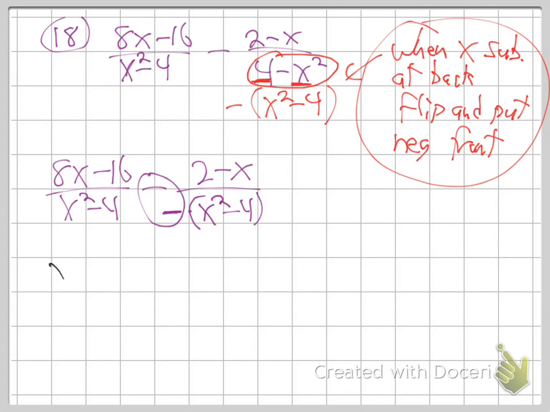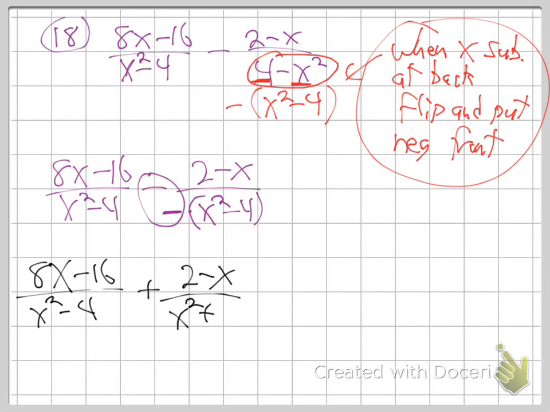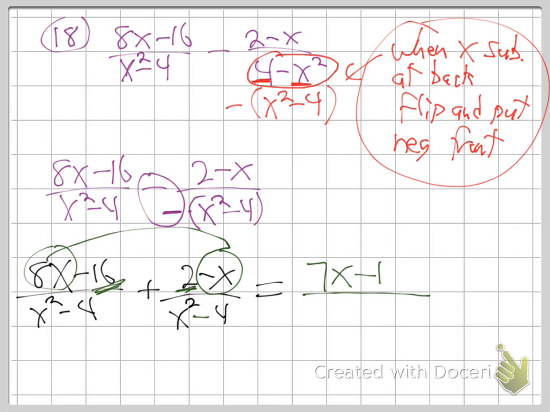So that becomes 8x minus 16 plus. Now we can combine them. Whoops, that's supposed to be minus. So 8x minus x is 7x. Minus 16 plus 2 is minus 14.